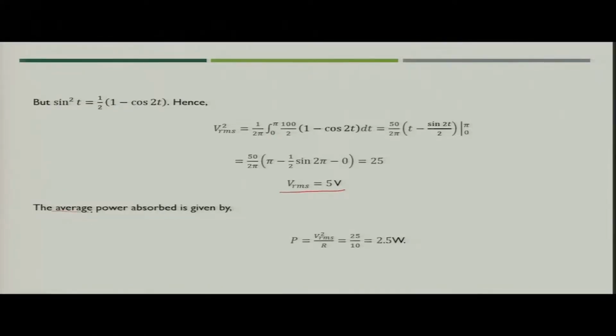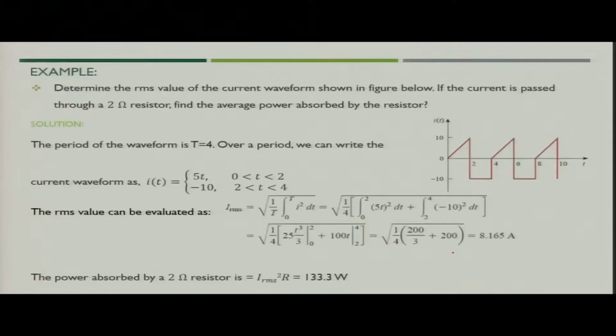So, the average power absorbed by the resistor is P = Vrms square/R. Here the RMS value we derived is 5 volts, so Vrms square is 25, the resistor value is 10, so the output would be 2.5 watts.